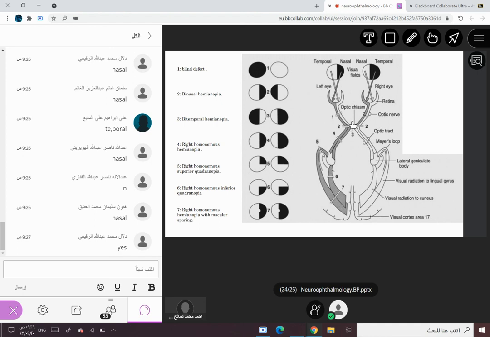And know more importantly the bitemporal hemianopia and pie in the sky. This is a very common question in international exams, which is the homonymous superior quadrantanopia, or pie in the sky, which constitutes the Meyer loop.